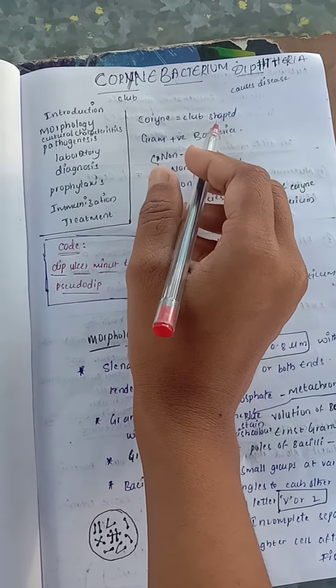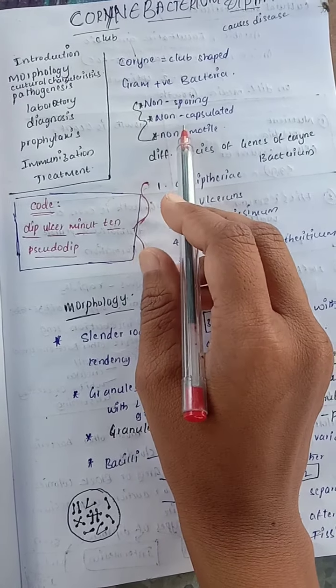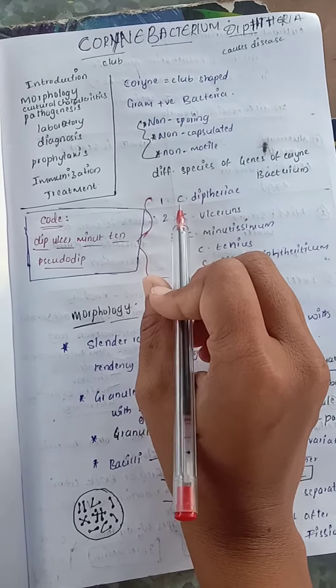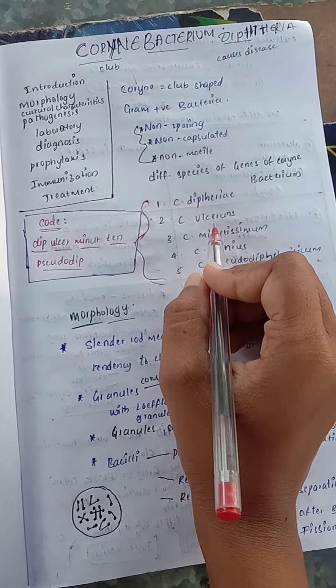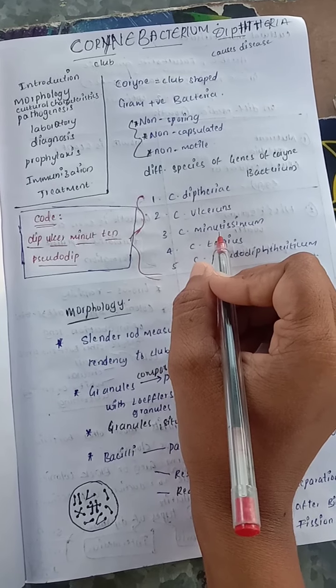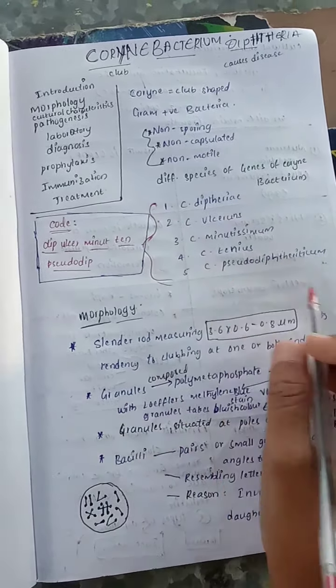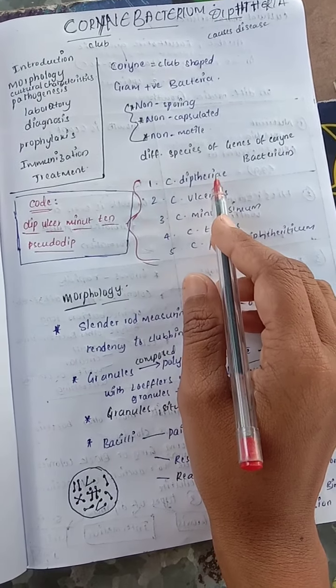Coryne means club-shaped. It is a gram-positive bacterium. It is non-sporing, non-capsulated, non-motile. The different species of Corynebacteria are Corynebacterium diphtheriae, Corynebacterium ulcerans, Corynebacterium minutissimum, Corynebacterium tenuis, and Corynebacterium pseudodiphtheriticum. How will we remember this?